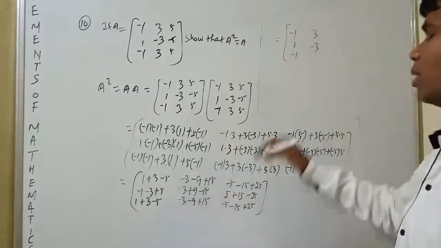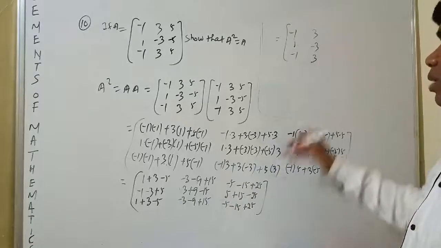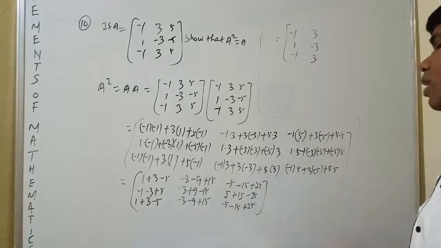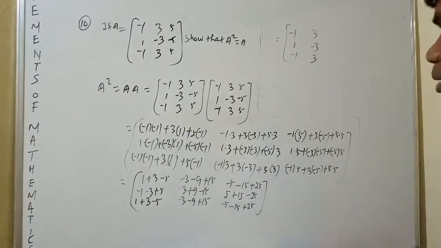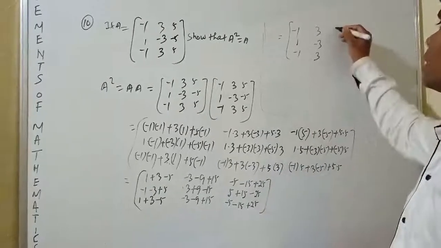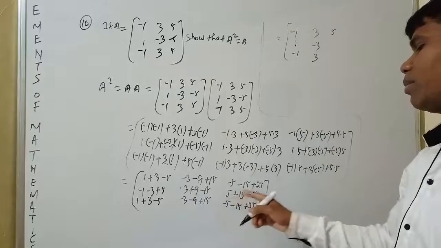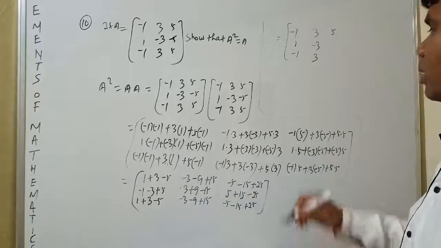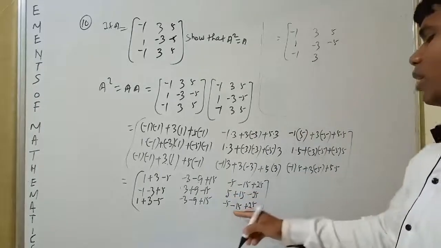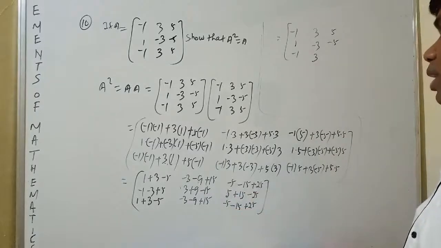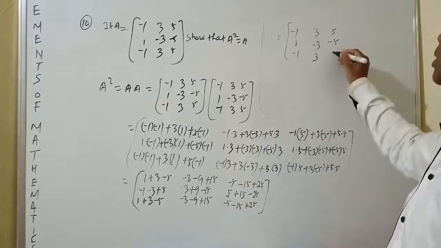This is minus 12 plus 15, 3. Okay, this is equal to, you see, minus 20 plus 25, that is 5. This is 5, 15, is equal to 20 minus 25, that is minus 5. Okay, 5 plus 15 minus 20 plus 25, that is 5.